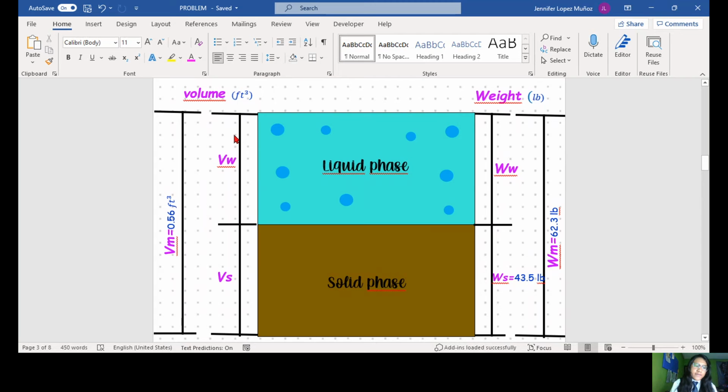On the left of the screen, we have the sample volume equals 0.56 cubic feet.